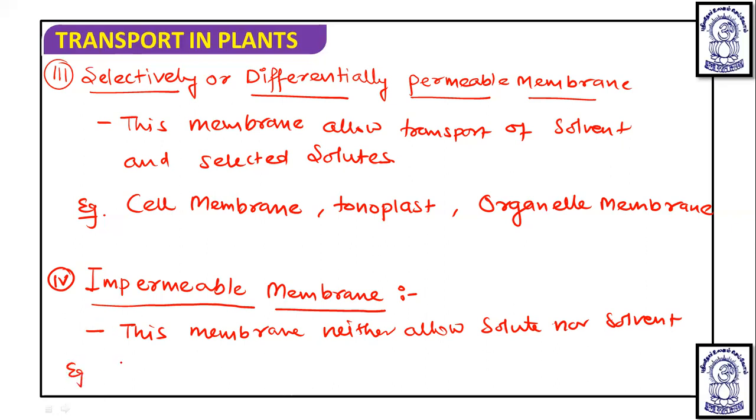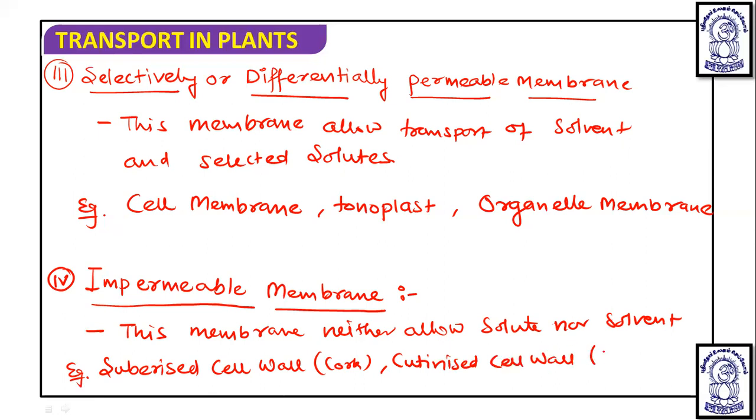And if we talk about the examples of an impermeable membrane, that is suberized cell wall, that is cork, then cutinized cell wall, that is epidermis, then polythene, glass, plastic, etc. These all are impermeable membranes.